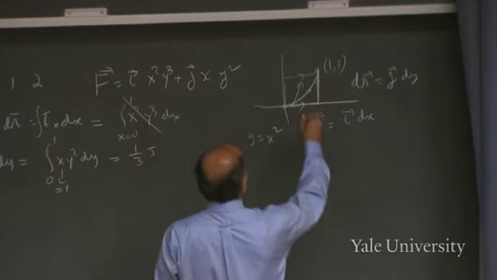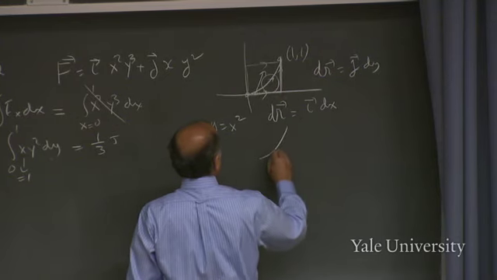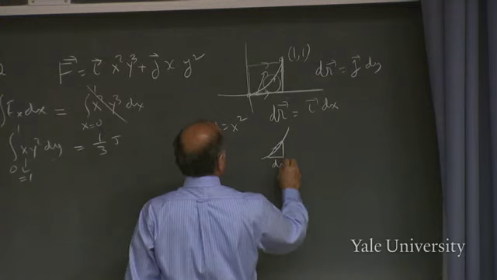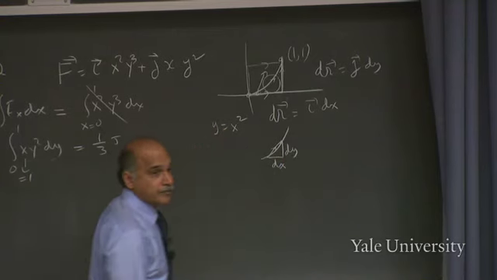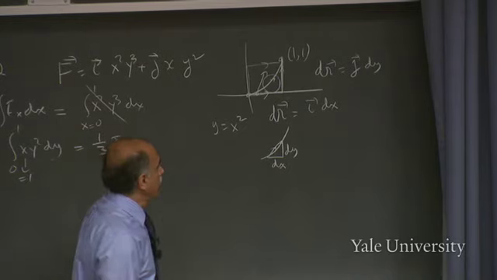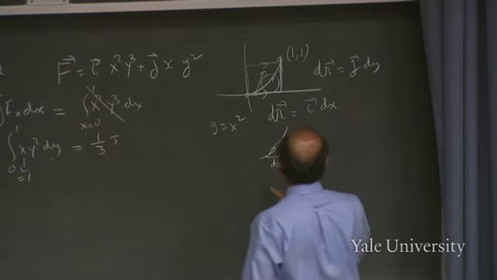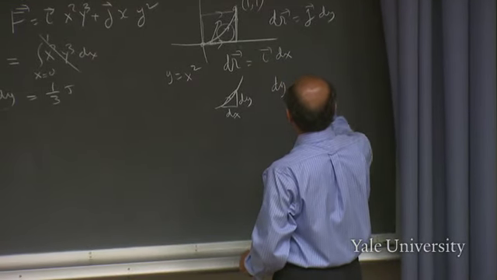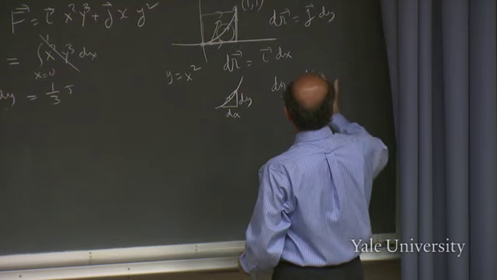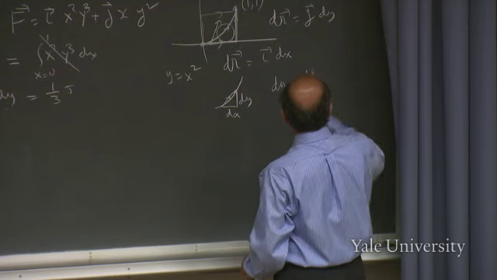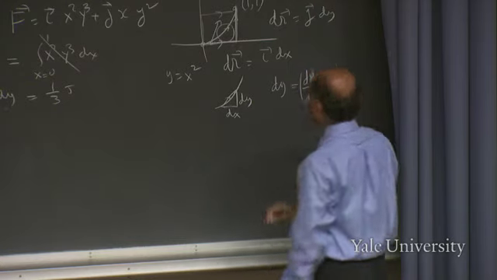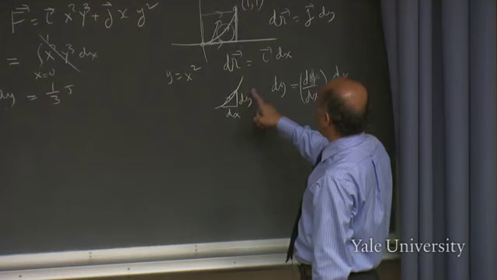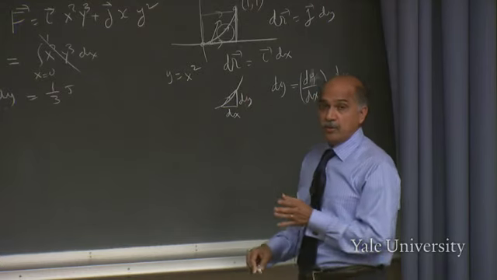So let's take a tiny portion of that. Looks like this, right? That's dr. It's got a dx and it's got a dy. Now, you notice that as this segment becomes very small, dy over dx is the slope. Therefore, dy will be dy divided by dx times dx. In other words, dx and dy are not independent if you're moving in a particular direction. I hope you understand that.